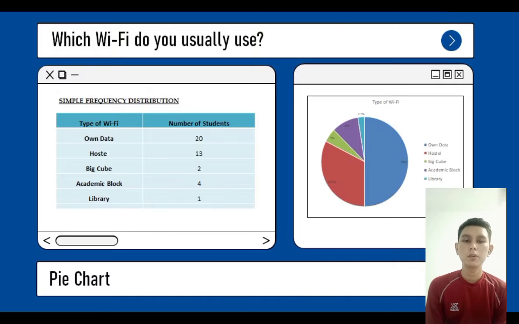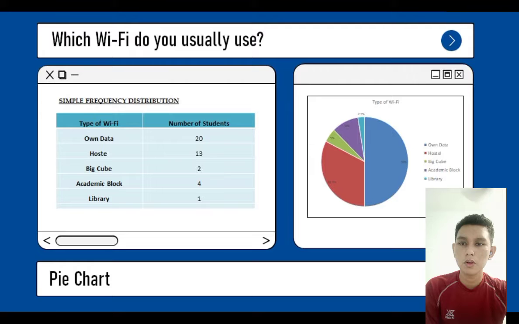The first data presentation we use is pie chart. This pie chart shows the number of students using different Wi-Fi at the college. The number of students using their own data is the highest compared to the others who use hostel Wi-Fi, BQ, academic block, and library Wi-Fi.